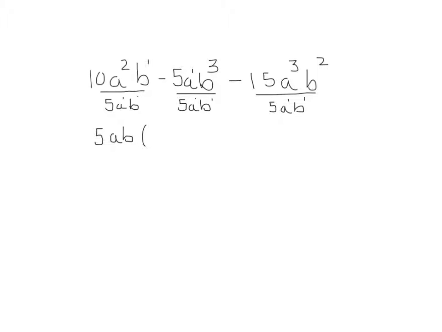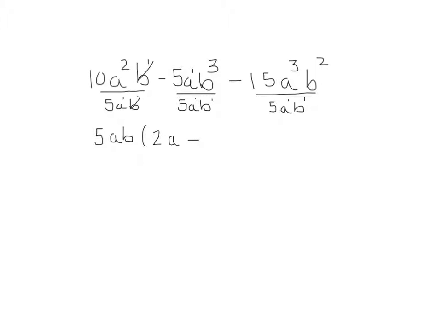So if I divide the 10a squared b by 5ab, first 10 divided by 5 is 2, and a to the 2 divided by a to the 1 is a to the 2 minus 1, and the b to the 1 divided by b to the 1 is b to the 0, and anything to the 0 is 1.